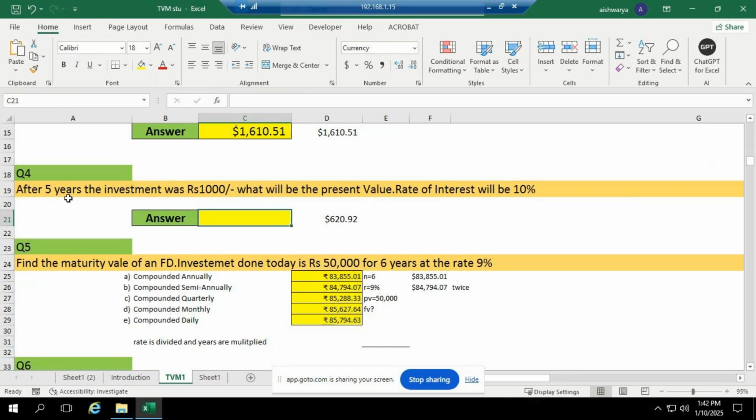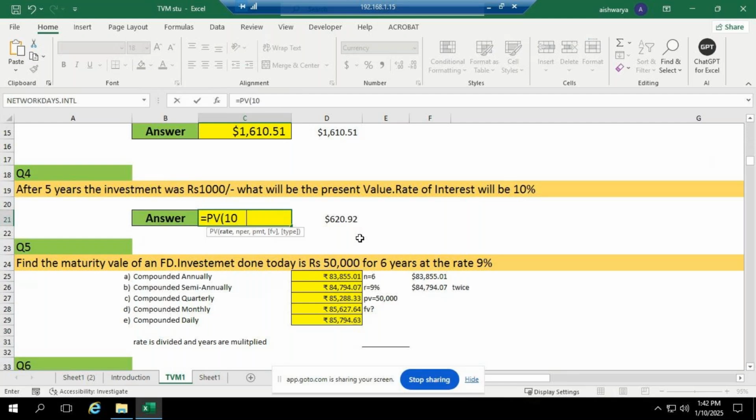After 5 years, the investment was rupees 1000. What will be the present value? The rate of interest will be 10%. So what do we have to find out? The present value only. So equals PV, open bracket. Then the rate, which is 10%.